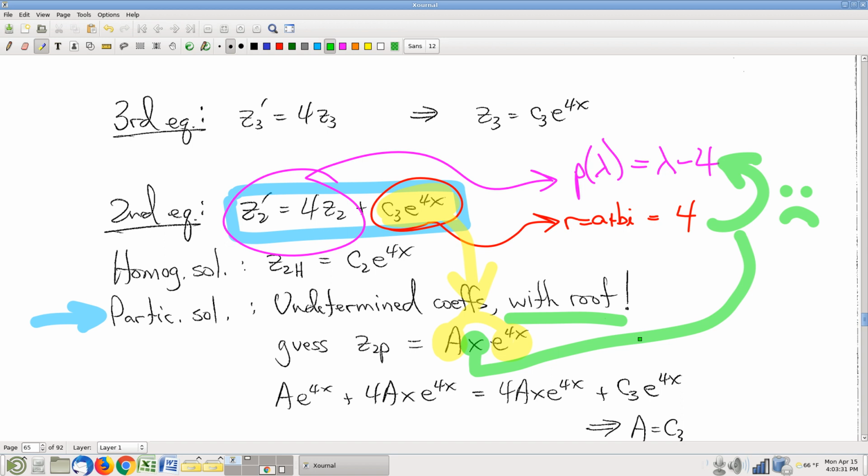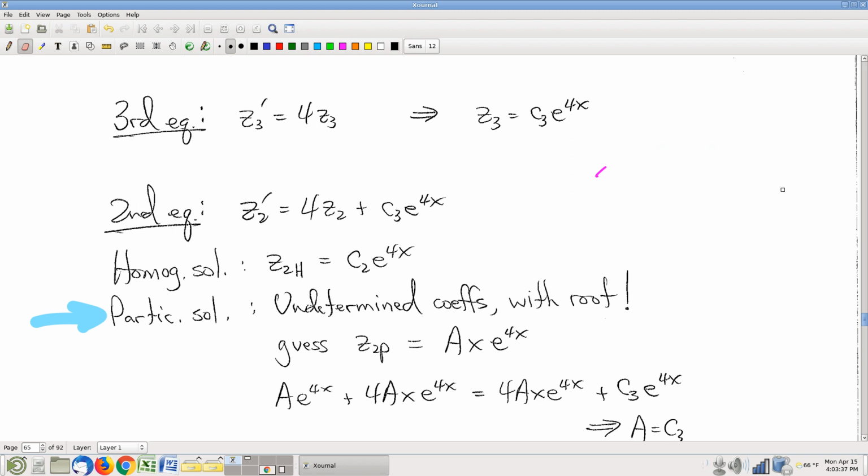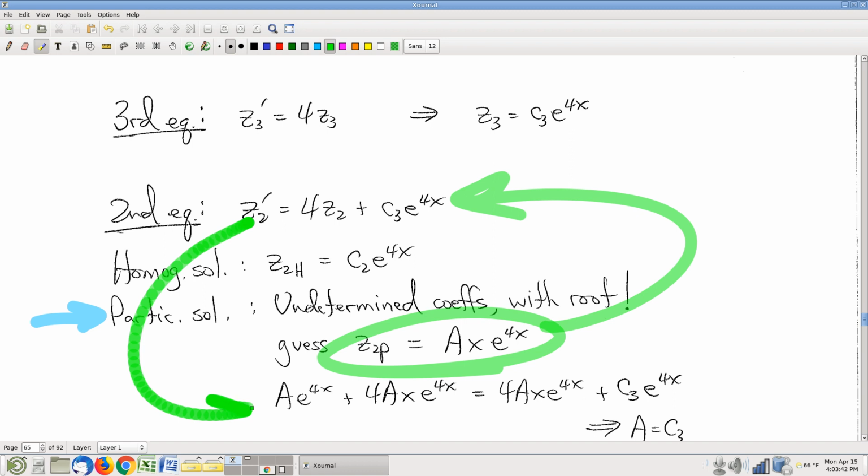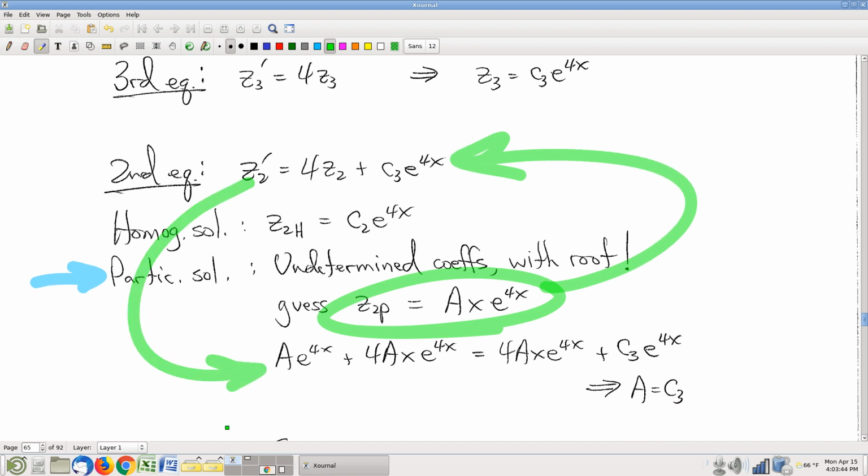So this is the proper guess to make, and as usual, once you have the form of your guess, that guess goes in there. The equation becomes this. Work out details.